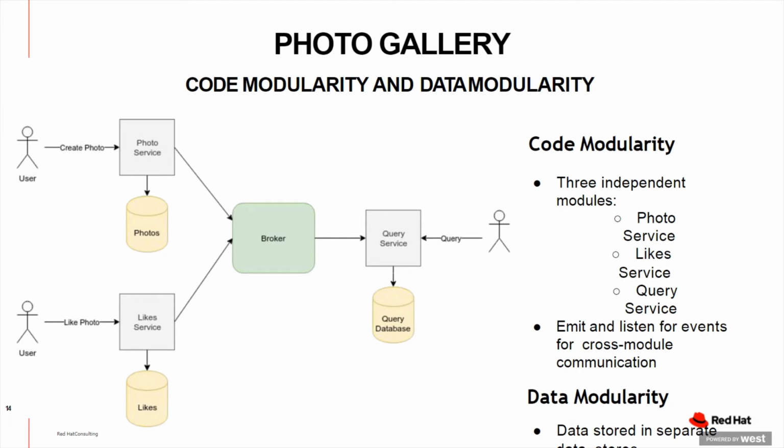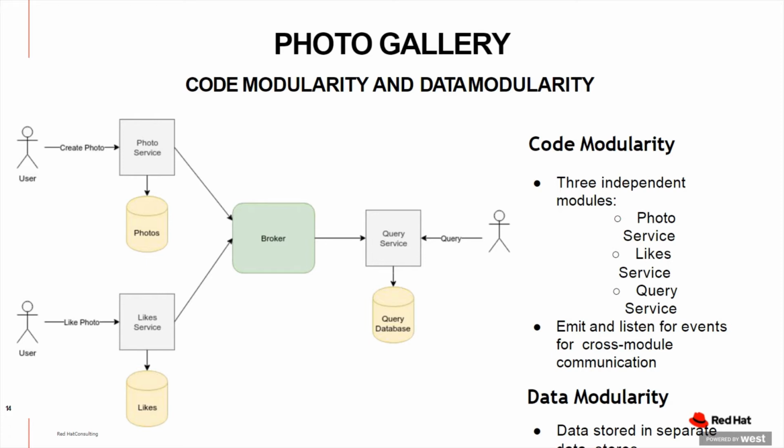Next, when the user clicks the likes button, a request is coming to the like service to add a like to the photo. The like service is managing the count of the likes for the photo, and it will store the new count, as well as publish a message about the current number of likes for the given photo onto the message broker.